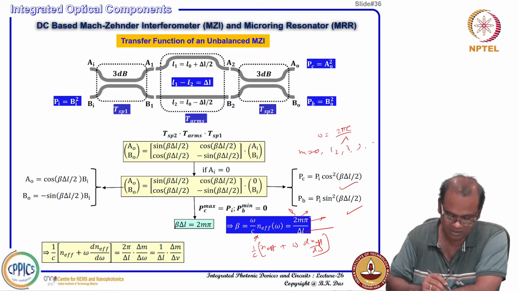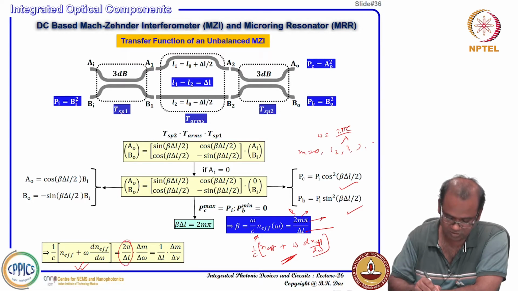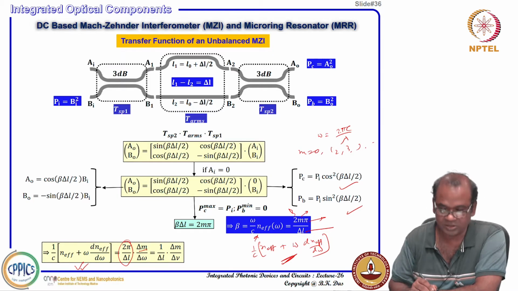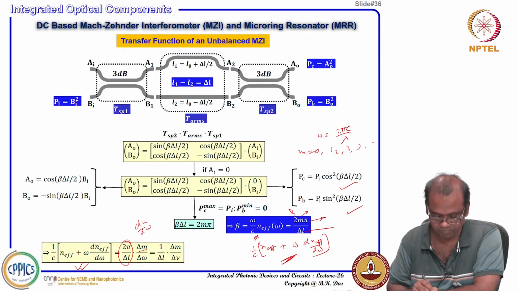In spite of that, if I take the derivative, the left-hand side gives what I derived here, and on the right-hand side, 2 pi by delta L is constant and fixed. For m I consider delta m, because it is a step-type change, so instead of dm by d omega I consider delta m by delta omega.